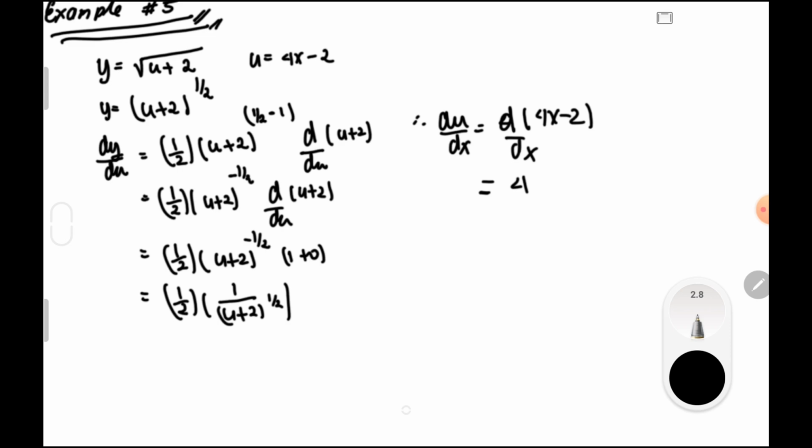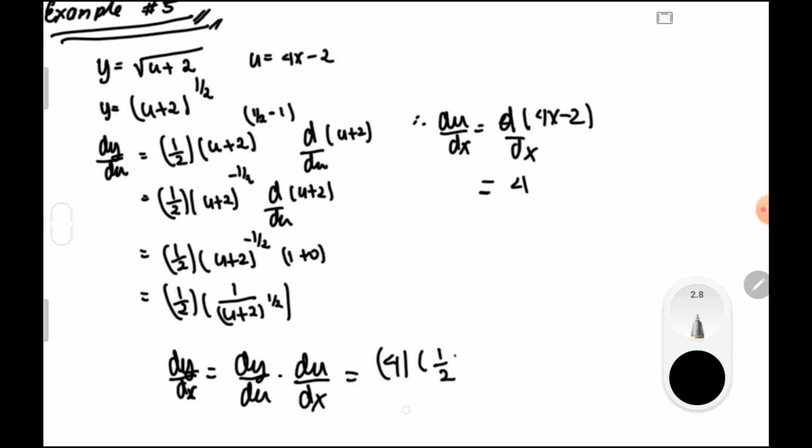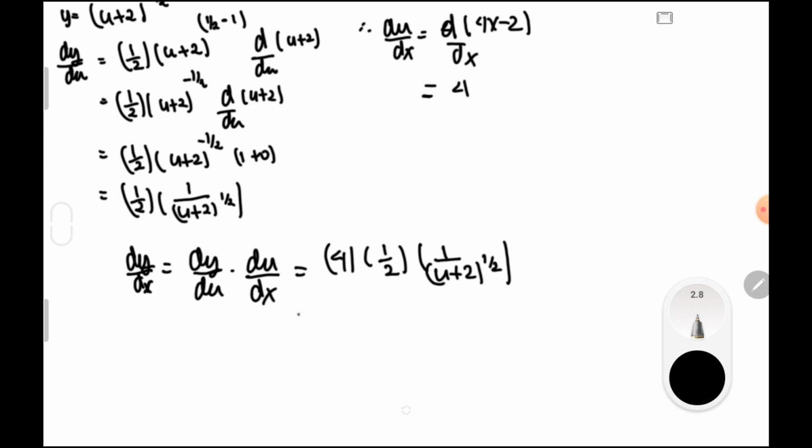Okay, so from this we'll have our chain rule, which is equal to dy over dx, which is dy over du multiplied by du over dx, which is equal to 4 multiplied by 1 half multiplied by 1 all over u plus 2 raised to 1 half. Okay, so we'll have a value equal to 2 divided by square root of u plus 2.